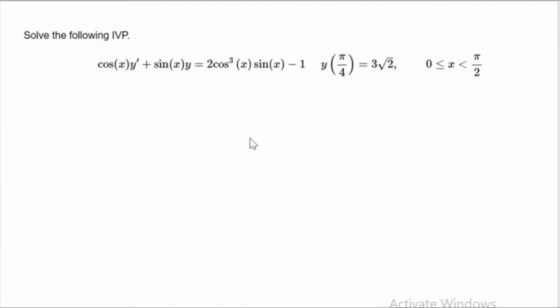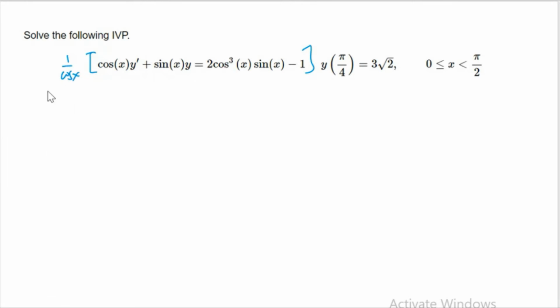So remember that the first step is to write the equation into standard form. Therefore, we multiply the entire equation by 1 over cosine x.